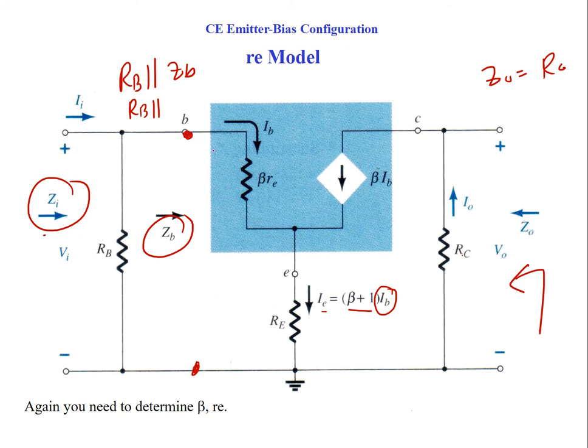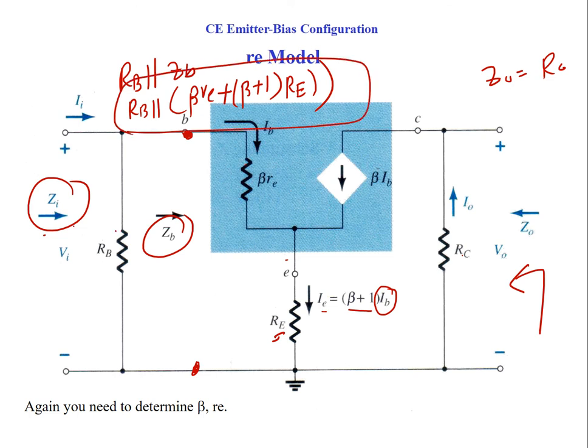What is this combined impedance? These two impedances are in series, so beta RE plus beta plus 1 times the RE resistor. We know this relationship, because beta plus 1 times IB, the resistor value will be beta plus 1 times RE. So input impedance is RB parallel with this series combination.